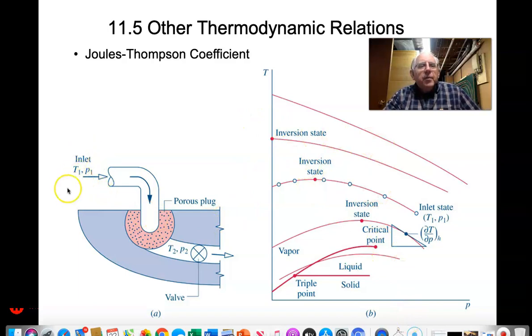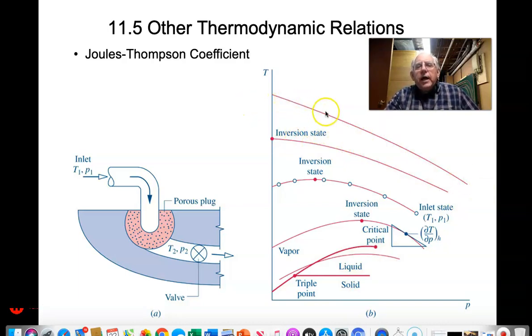And so if we come in at a given temperature and pressure, we may be at some point here. And so as we then change the pressure, what happens to the temperature? And so on here, these are lines of constant enthalpy. And so this is telling us what happens as the pressure goes down.